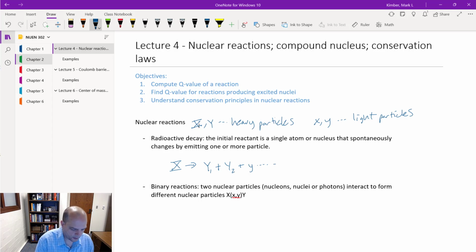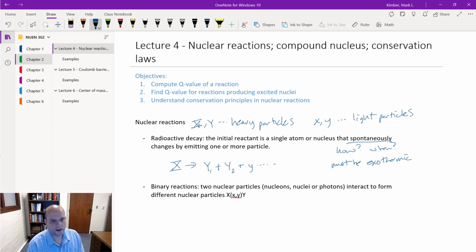And this word spontaneously means it doesn't need any input. It's just going to happen. So the question of how and when does this happen, the answer is it must be exothermic. In other words, it has to release energy as it undergoes that radioactive decay. And we'll spend an entire chapter on it, in chapter 4, where we'll talk about radioactive decay at length.